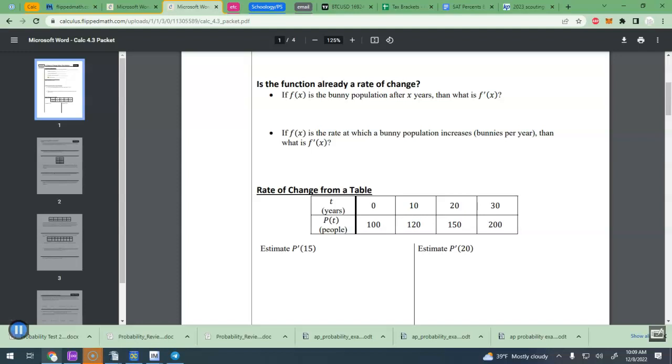Bunnies per year. So f prime of x would be bunnies per year.